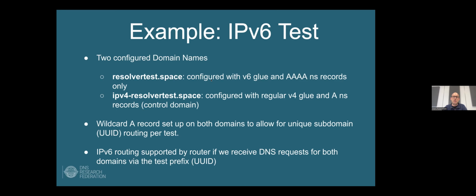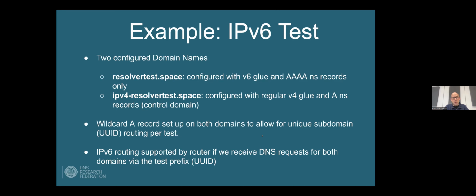Importantly, it's an A record in both cases because we don't want to convolute the test by putting IPv6 in the actual operational flow. So we put an A record on both domains, and we use a wildcard so we can generate unique subdomains per test very easily. And we conclude that the test will be successful if we receive DNS requests for both of our test domains via the test prefix, which we're using for this test.